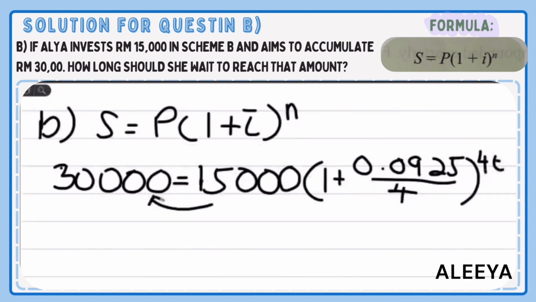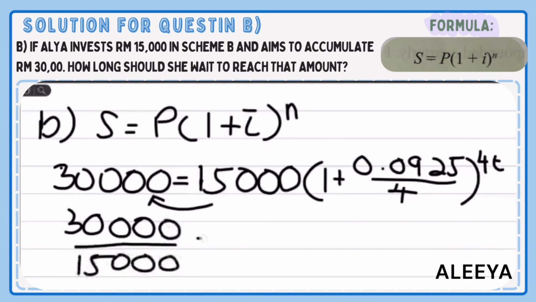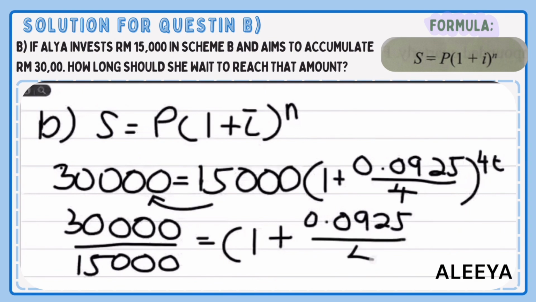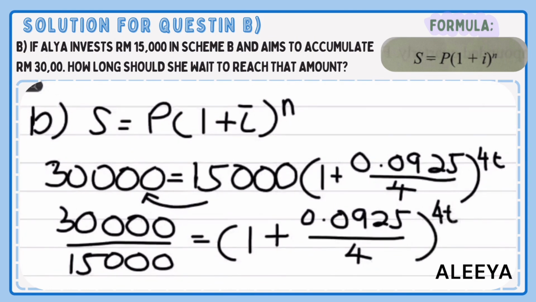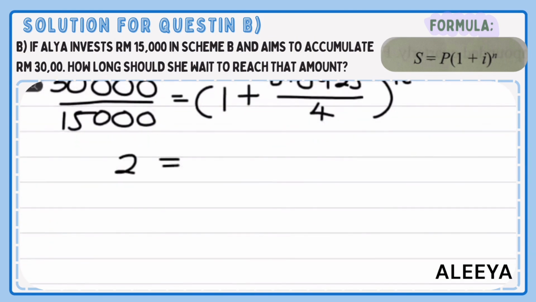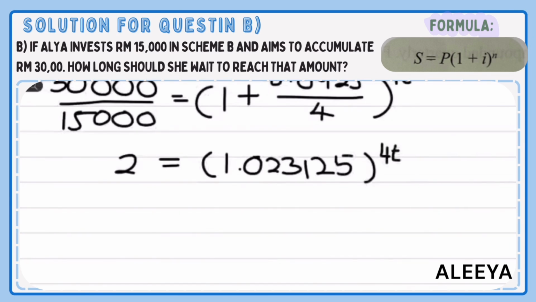Next, we move the 50,000 to the other side because we want to isolate the bracket. So it becomes 30,000 divided by 50,000 equals (1 plus 0.0925 divided by 4) raised to the power of 4t. Next, after simplifying both sides, we get 2 equals (1.023125) raised to the power of 4t.